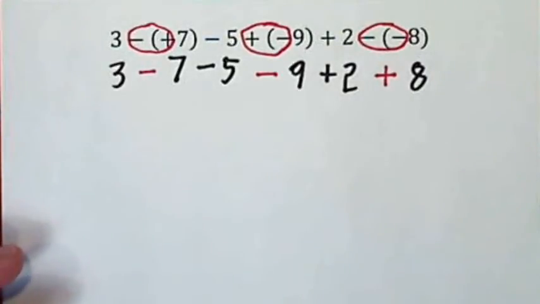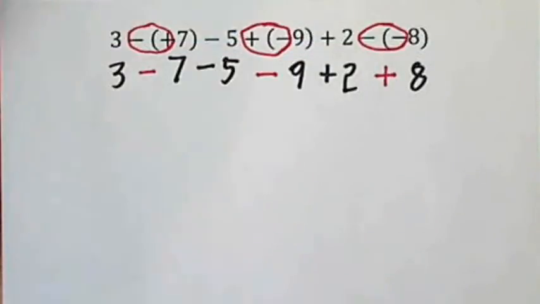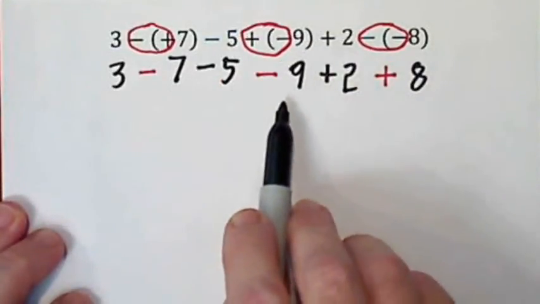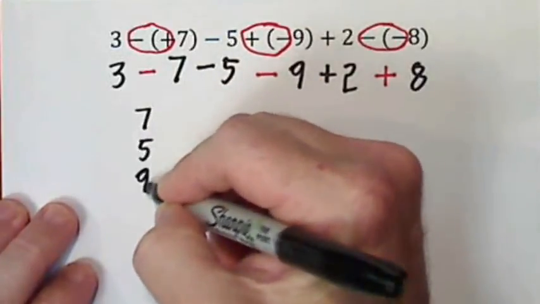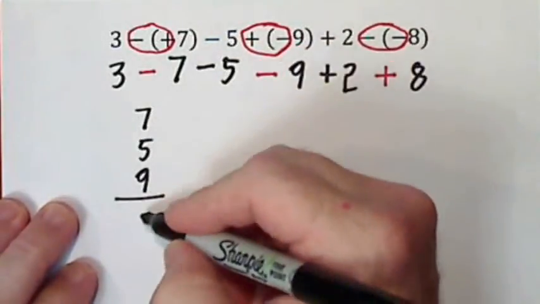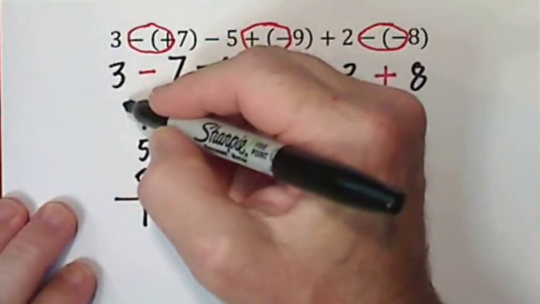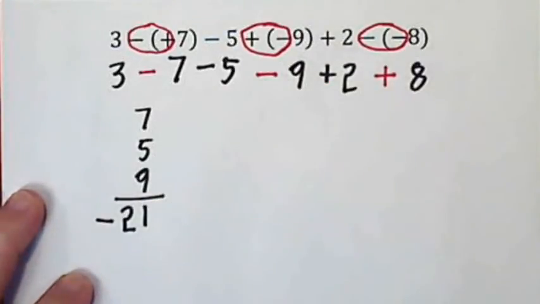Just to emphasize, you can ignore all that now. You don't need it anymore. Everything that you need is right here on this line. So first I'll group together my negatives, 7, 5, and 9. That's negative.